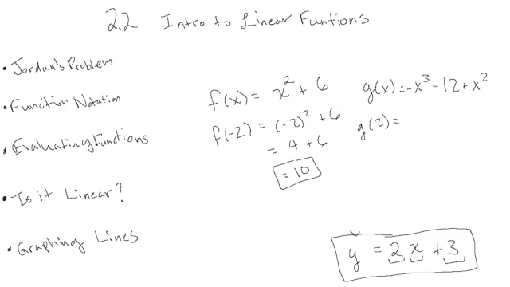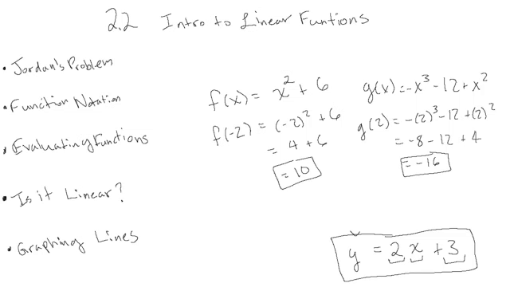So now I'm going to have negative 2 cubed minus 12 plus 2 squared. This gives me -8, right? 2 times 2 is 4, 4 times 2 is 8. Minus 12 plus 2 squared, which is 4. -8 minus 12 is -20, plus 4 is -16. So the answer is -16. So that's how you evaluate these functions.